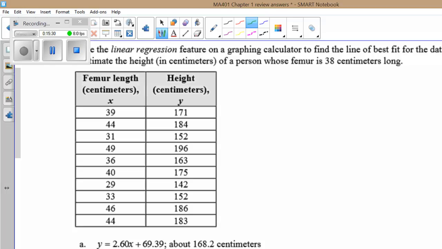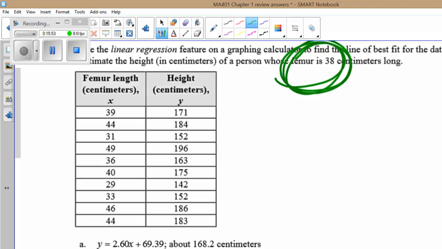So go back to your calculator and do 2.60 times, we're talking about a femur who's 38 centimeters long. I'm doing it right now. Plus 68.60. Aha, hey, I got that same answer. So for sure it's this choice here, C.